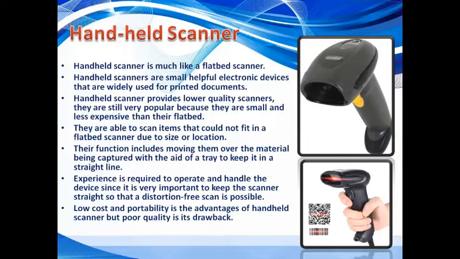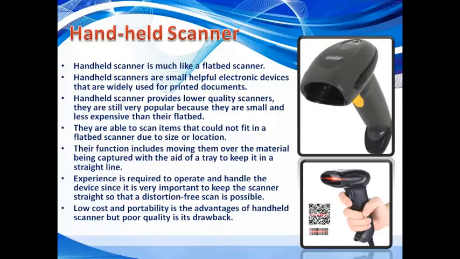They are able to scan items that could not fit in a flatbed scanner due to size or location. So if you cannot place your book into the scanner, you can use this handheld scanner, and you can move it over the book or the magazine and scan your document.